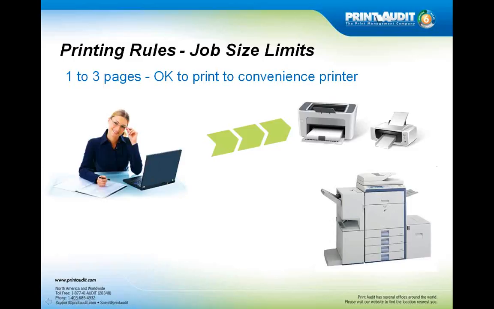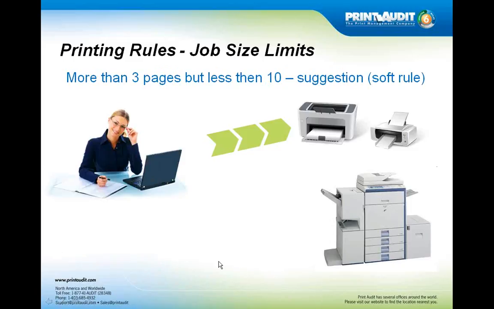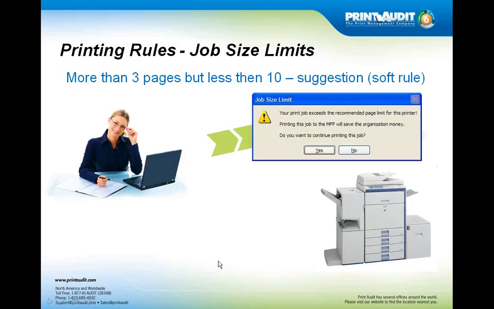If the job was over 3 pages, however, and in this case it's less than 10 pages, we might want to make a suggestion to Susie, and what I mean by a suggestion is let's implement a soft rule. Not one that stops the job and just simply cancels it outright, because that's a little bit heavy-handed.